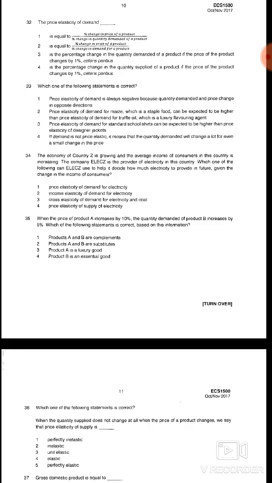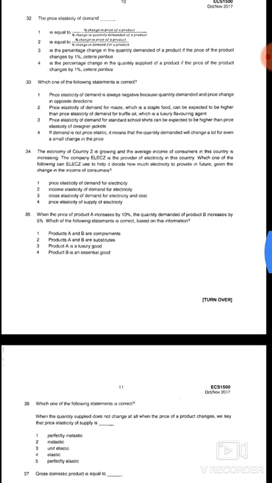So let's have a look at question 33, options 2 and 3. The price elasticity of demand for maize, which is a staple food, can be expected to be higher than the price elasticity of demand for truffle oil, which is a luxurious good. For luxurious goods, the price elasticity of demand is very high because customers are very sensitive to luxurious goods. So number 2 is wrong. So option number 3 is correct.